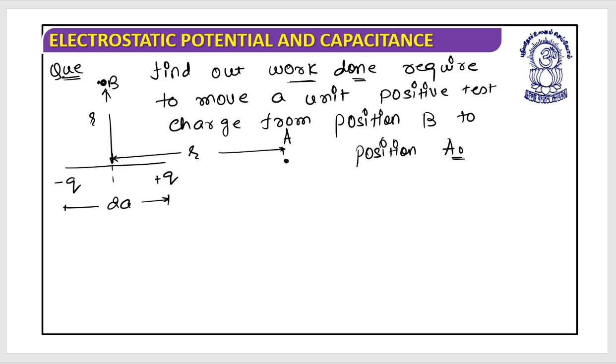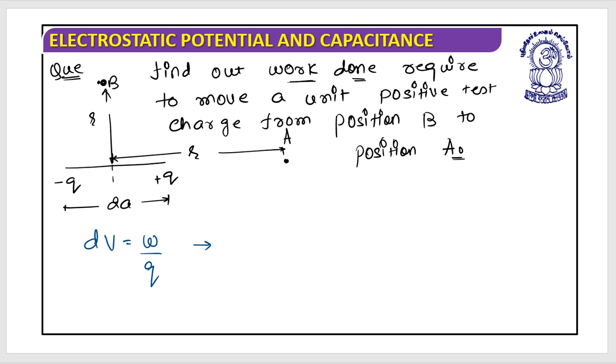Yes, it is the work done required to move a unit positive test charge from one potential to another potential, and we used to say it as dV is equal to work done by charge.